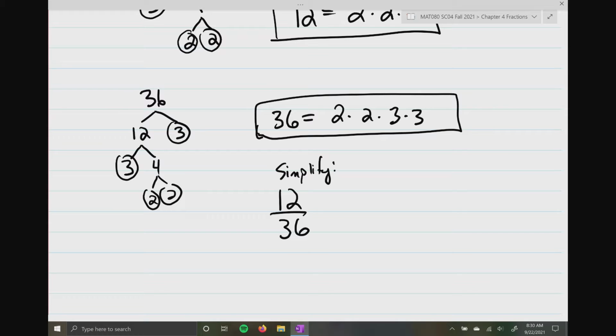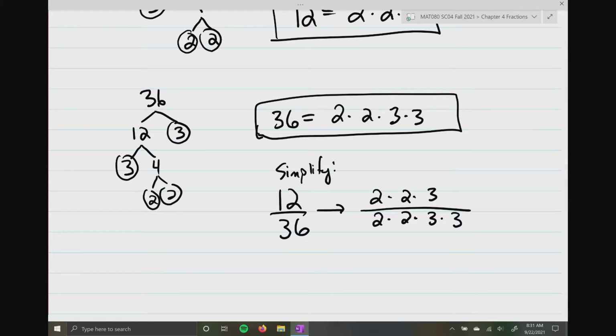I don't care about that. We'll worry about that later. Here's what I'm going to do, and watch what I do here. I'm going to rewrite 12 as 2 times 2 times 3. It's prime factorization. I'm going to rewrite 36 as 2 times 2 times 3 times 3. Does that make sense, everyone?